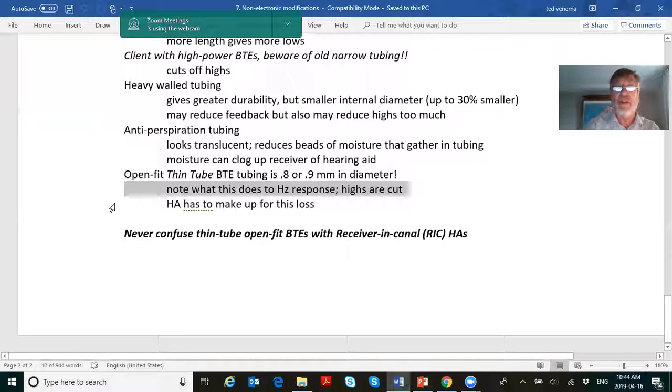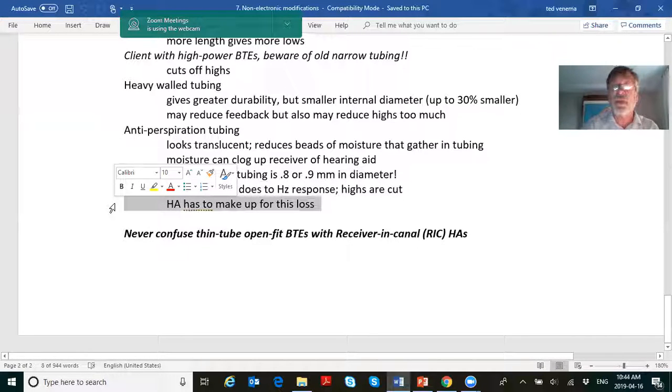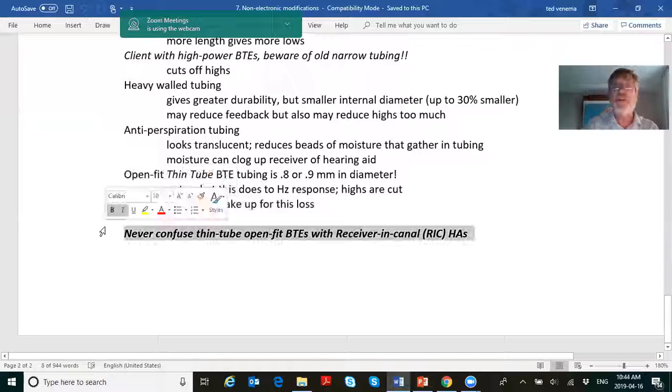The hearing aid therefore has to make up for that high frequency loss, and never confuse thin tube open fit BTEs with receiver in canal BTEs. They look the same, but they are different, and I'm holding them up again to highlight that difference.